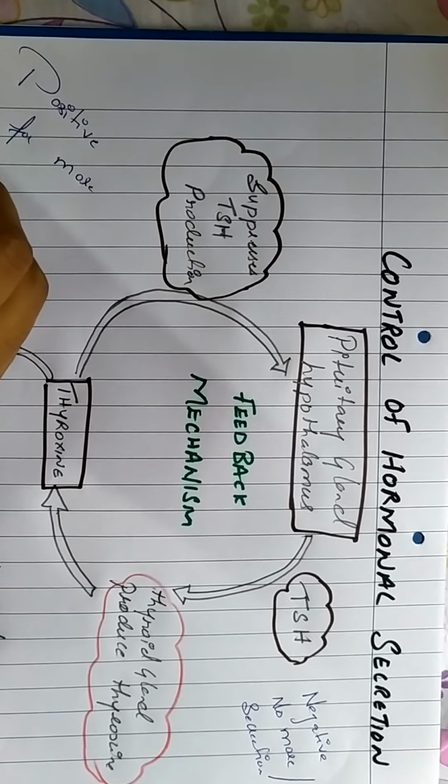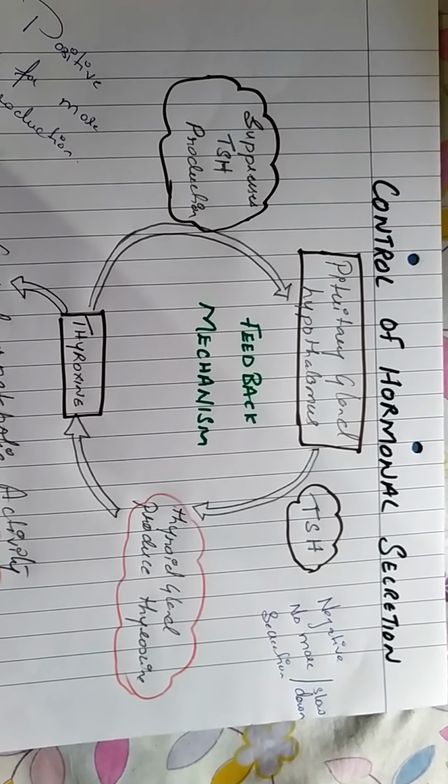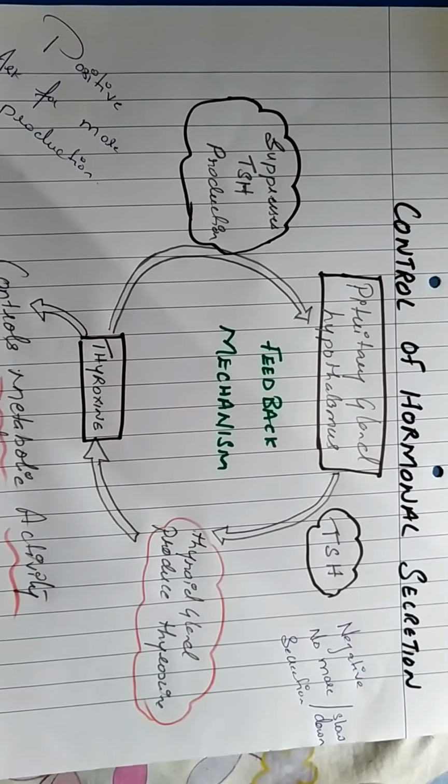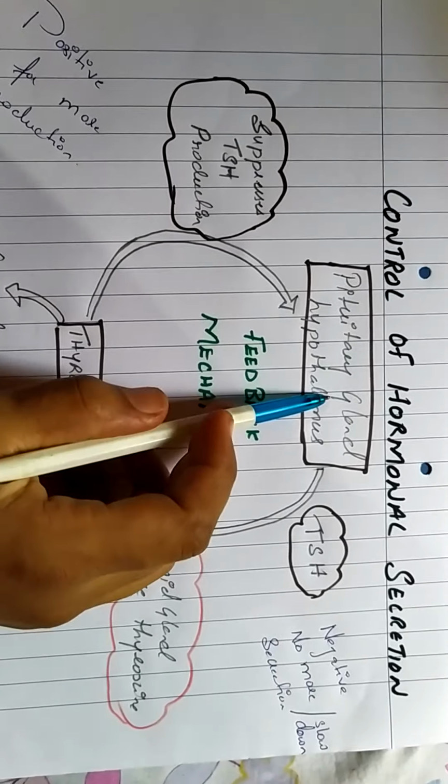As you can see, there is a pathway drawn in the slide to show the control of hormonal secretion. In response to some external factors, the hypothalamus releases hormones that stimulate the anterior lobe of the pituitary gland, which in turn stimulates the thyroid gland to produce thyroxine hormone.